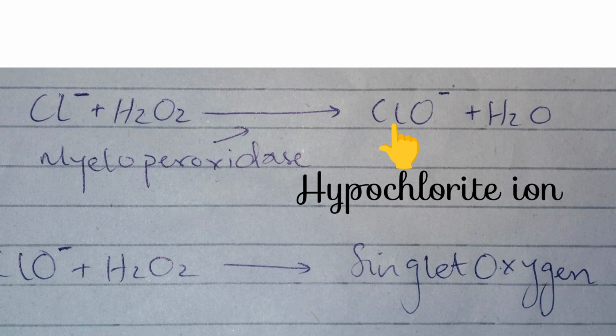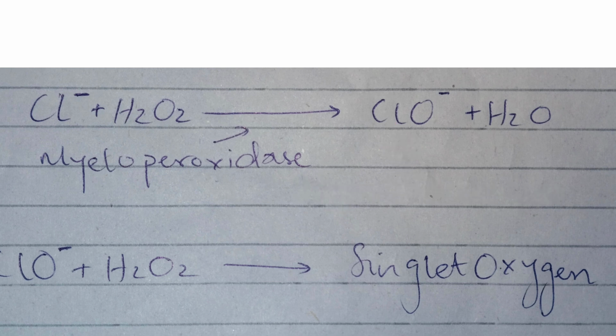The following reaction describes the production of hypochlorite ion. In this reaction, chloride ion plus hydrogen peroxide, which was produced by the respiratory burst, yields hypochlorite ion in the presence of myeloperoxidase.